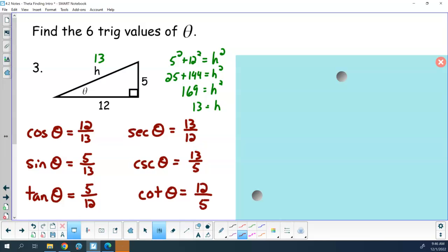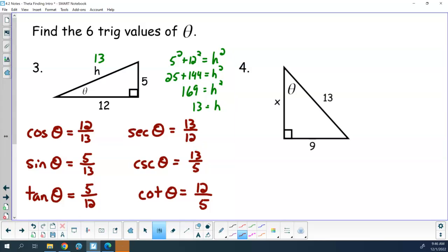And there you found all 6 trig values of theta. You find me those.